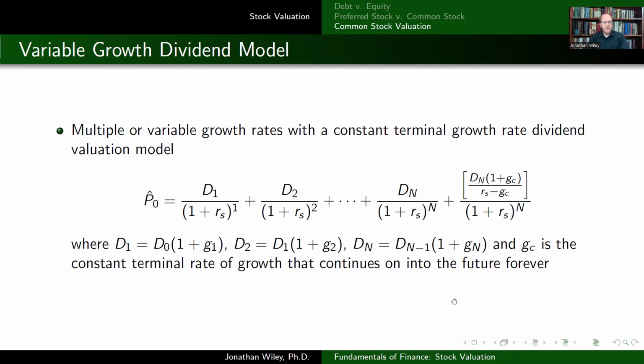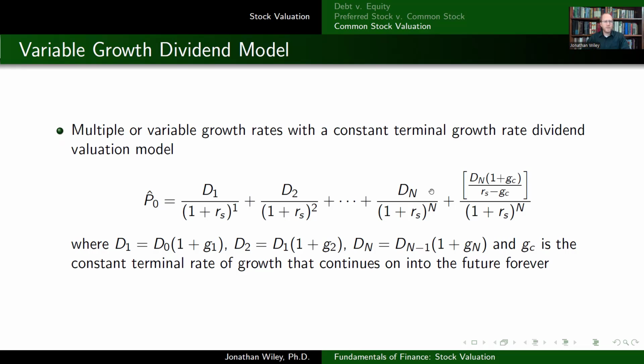Now, one of the things to keep in mind is that you can actually have a growth rate that is higher than RS during this period. So in other words, during the initial period, the growth rate can exceed RS without causing a problem for the model. As long as the growth rate that lasts for all eternity, the GC in this formula, is less than the RS, the formula will work.